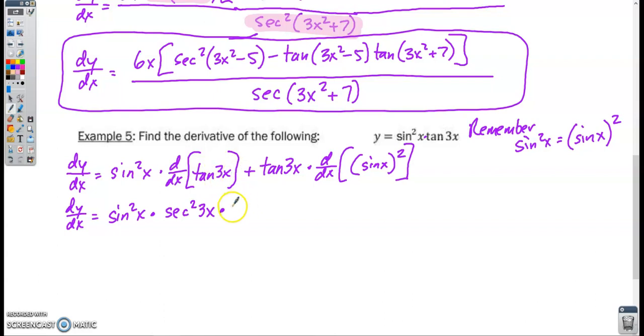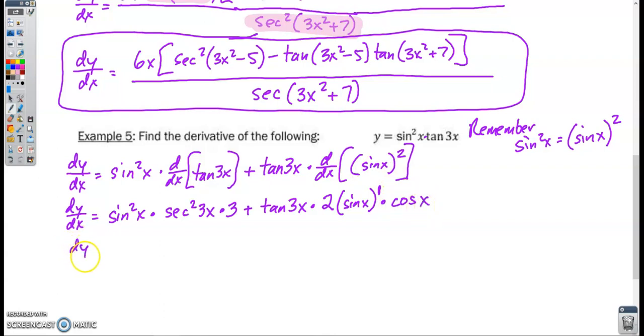The derivative of 3x is 3, plus tangent of 3x times the derivative of sine of x quantity squared. So now my inside function is sine of x, my outside function is raising it to the second power. So the derivative of this is going to be derivative of the outside, leaving the inside the same, times the derivative of the inside. The derivative of sine of x is cosine of x.